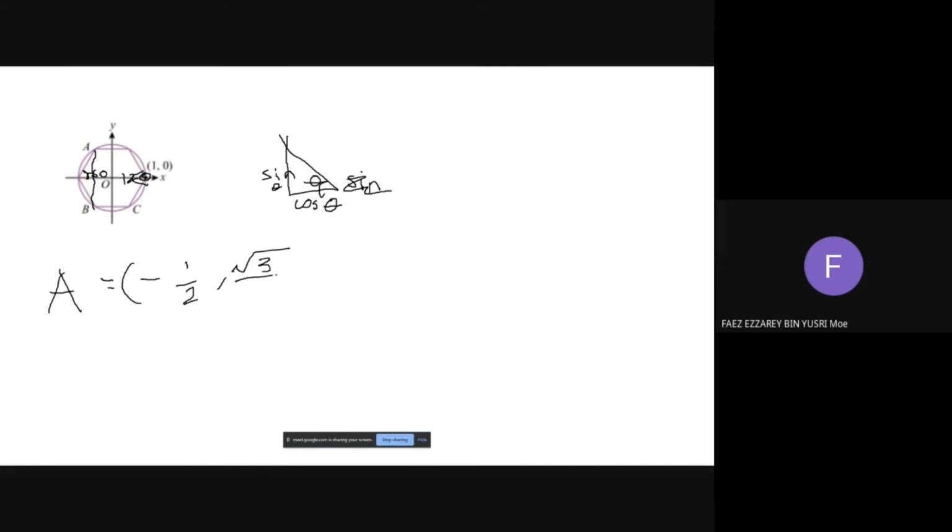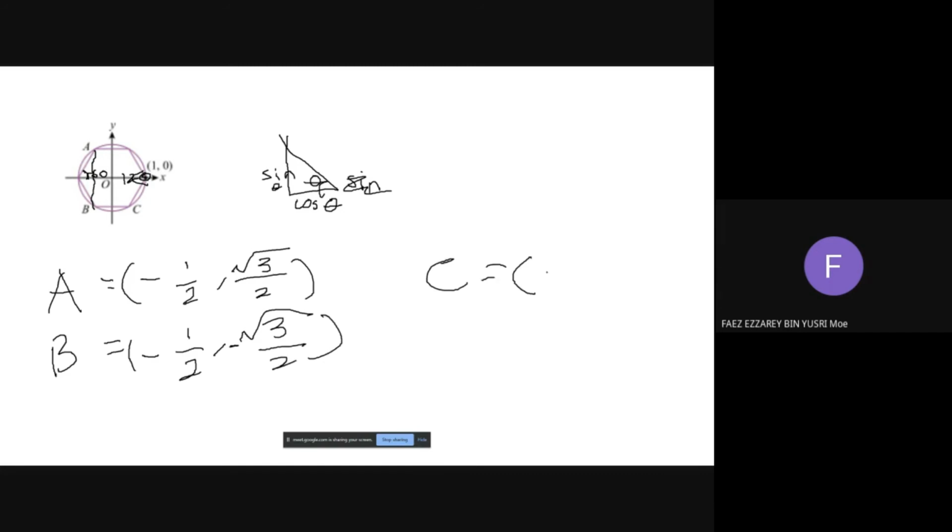The same can be applied for the other coordinates. Since all of them are 60 degrees, for B it'll be both negative, since in that area only tangent is positive: negative 1 over 2, negative root 3 over 2. And for C it will equal 1 over 2, negative root 3 over 2. Okay, that's it.